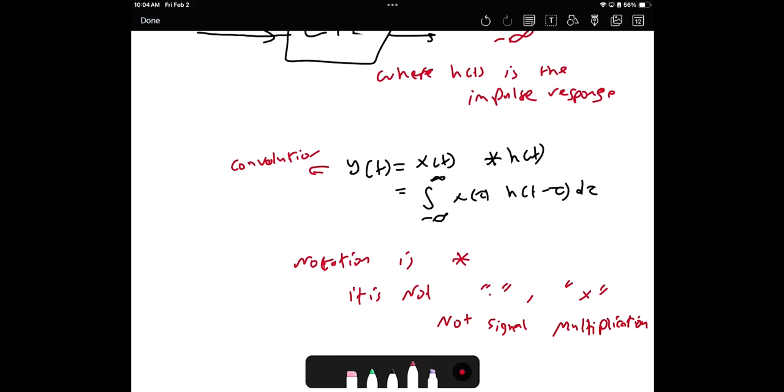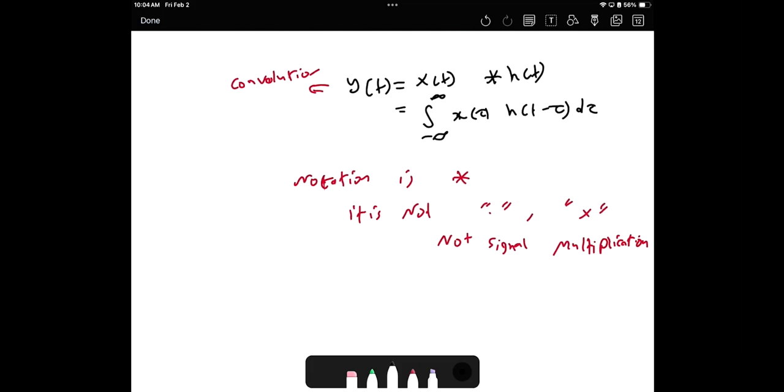So just understand this symbol as a unique symbol, something different. It does not mean x times h. It's x convolution with h, or x convolved with h. This means, again, the integral of x of tau, h of t minus tau, d tau. Okay?